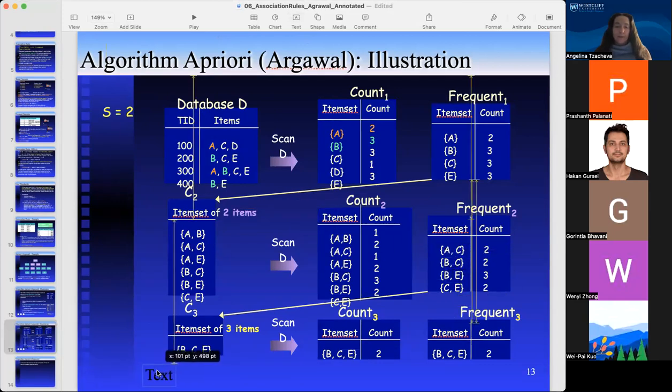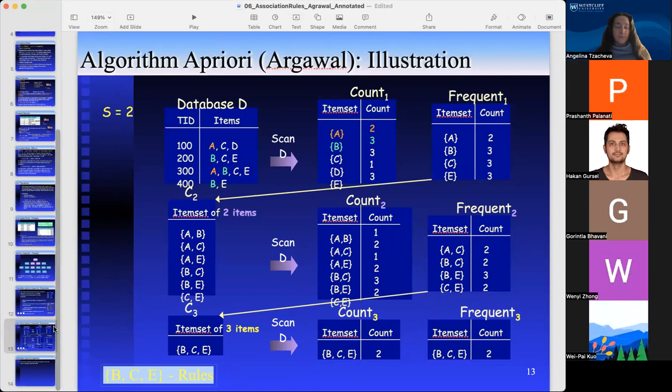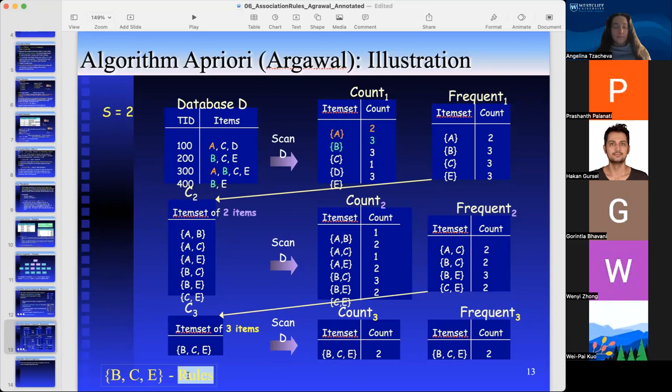So we could take the set B, C, E, and generate rules from this. How will we generate the rules?